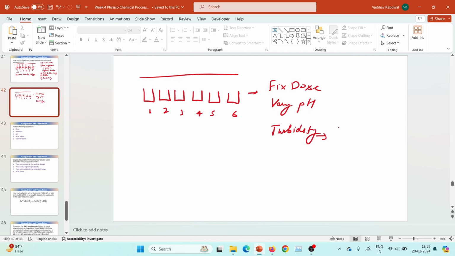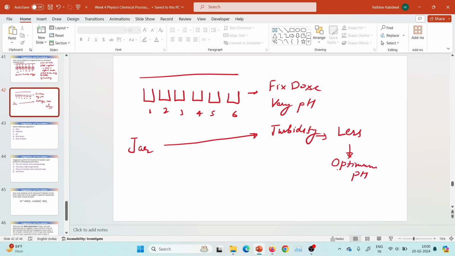The jar giving less turbidity, we take that pH as the optimum pH.